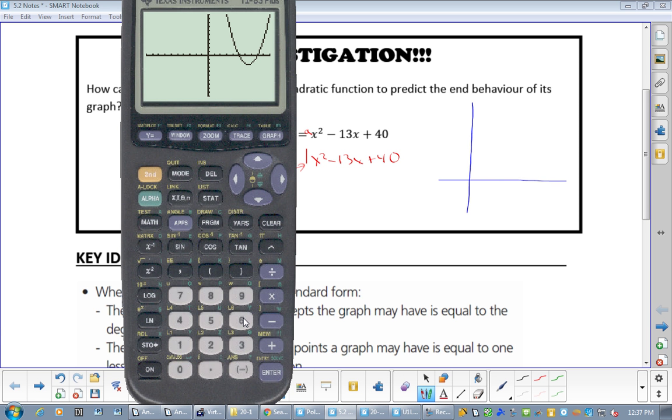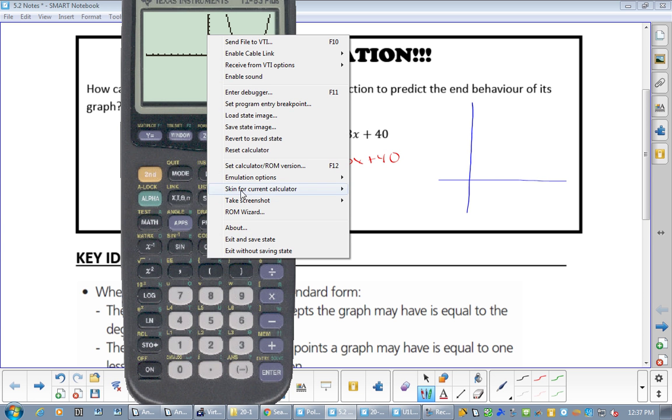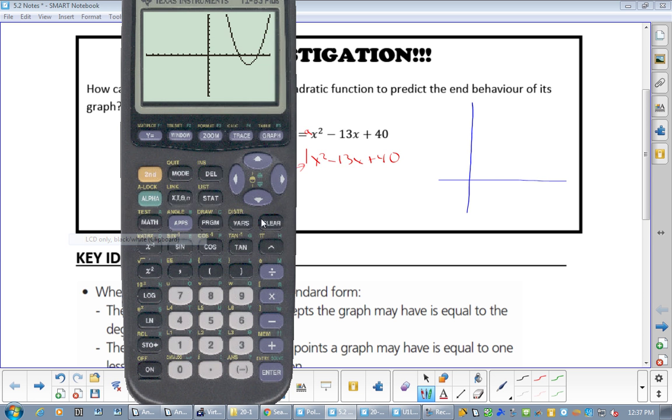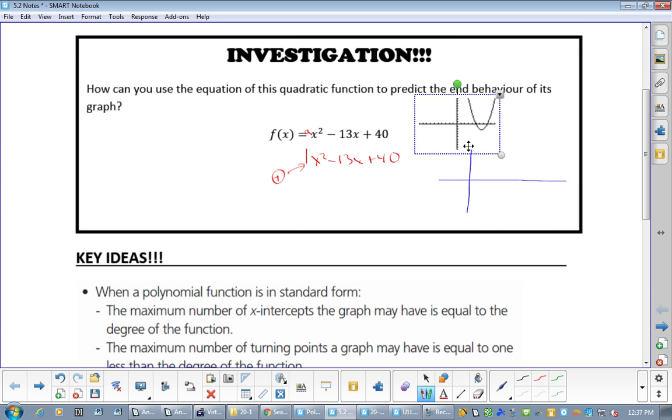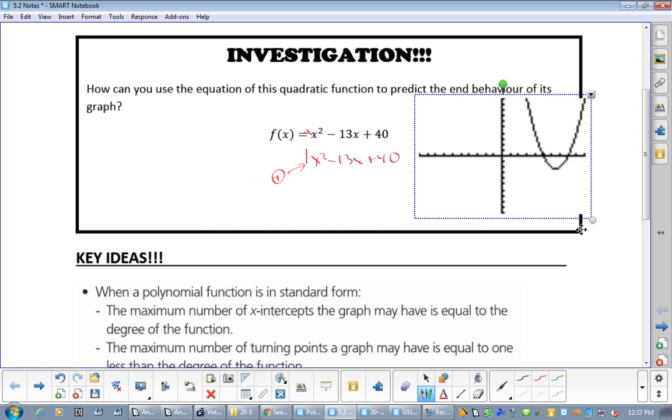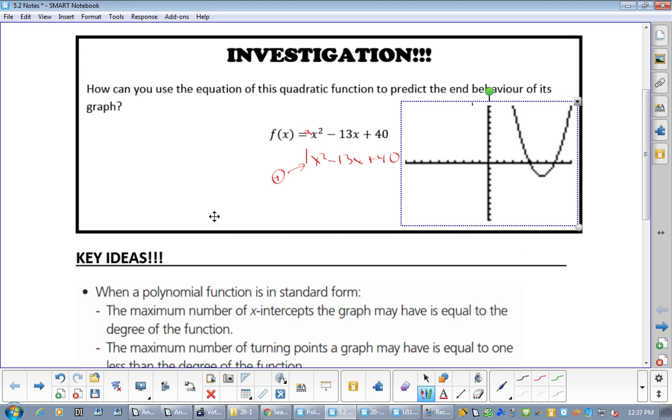Now, okay, this is the picture of that equation. So this goes from, now this one's kind of weird. Where do you think this one starts? Which quadrant?